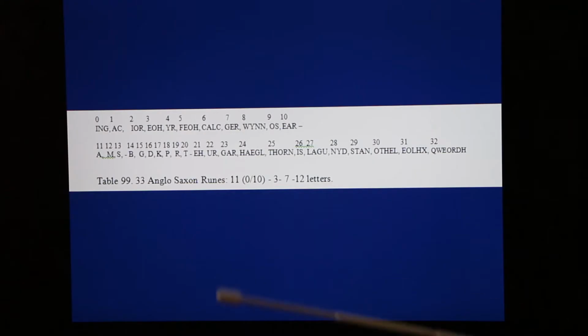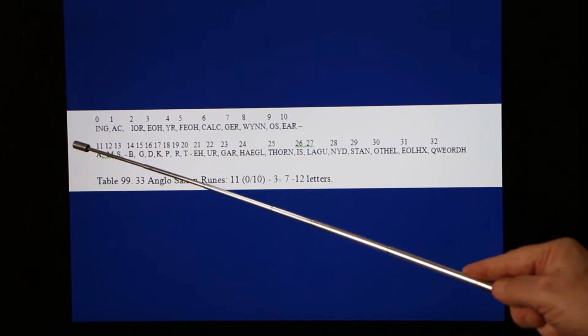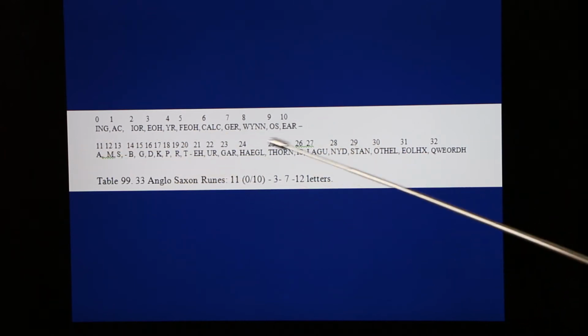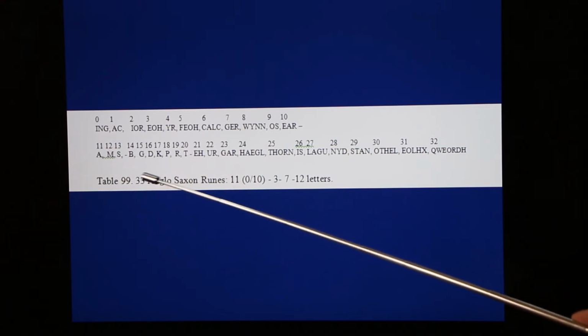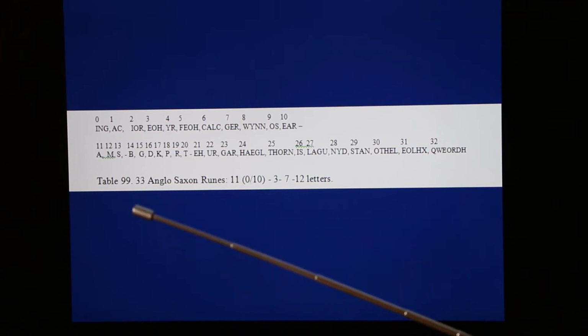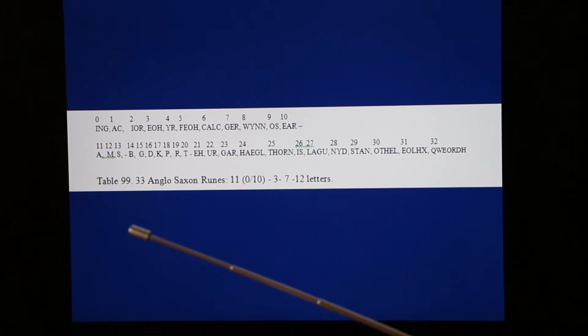And if we go to the Anglo-Saxon runes, we see again that there are 10 letters, followed by 3 letters, AMS, which we know about, and which you can reduce to 1 letter, Hamza.